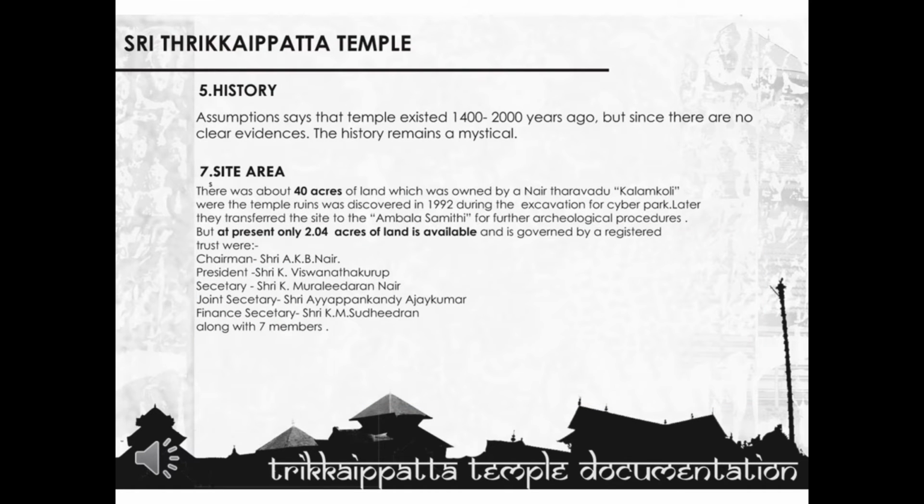Assumptions say that the temple existed 1400 to 2000 years ago. Since there is no clear evidence, the history remains a mystery. The site was about 40 acres of land and temple ruins were discovered in 1992 during the excavation of Cyber Park. Later, they transferred the site for archaeological procedure and at present only 2.04 acres of land is left.